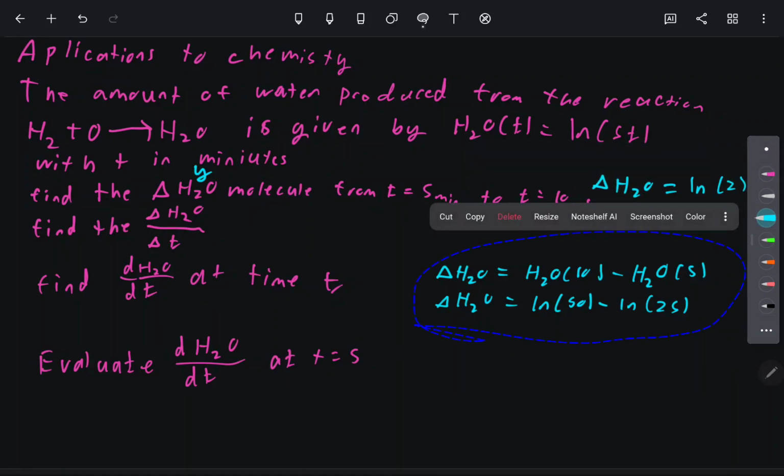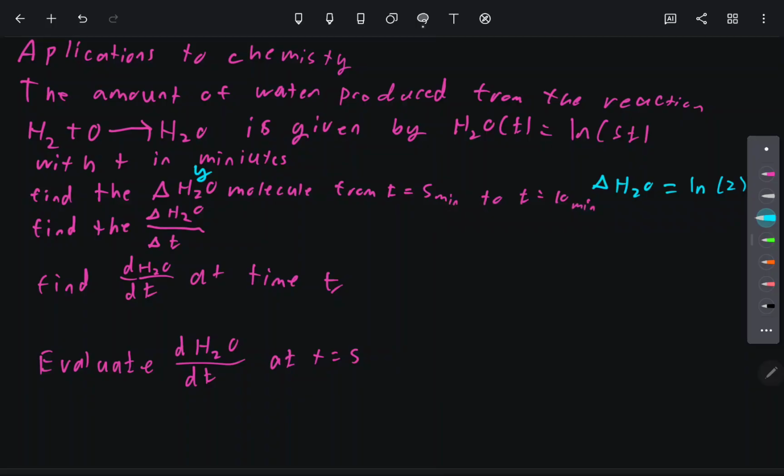Okay, for this next question, we want to find the change in H2O divided by the time. So we already have the change in the H2O. I guess I should have specified at T is equal to 10, T is equal to 5.